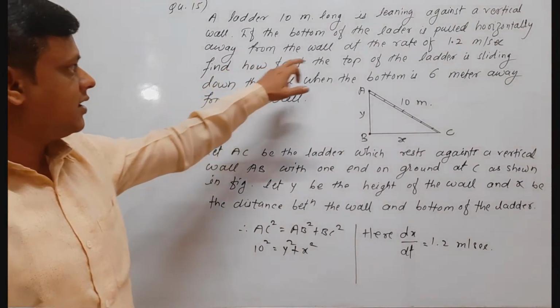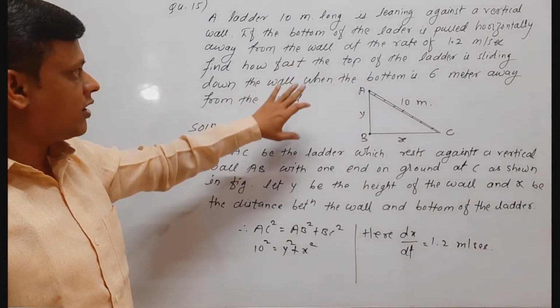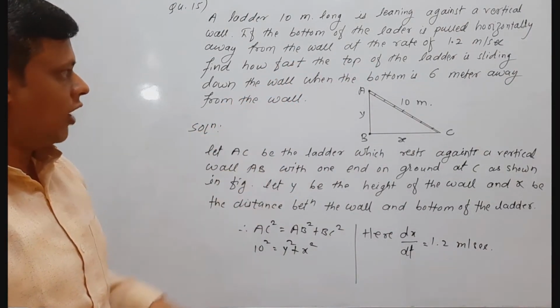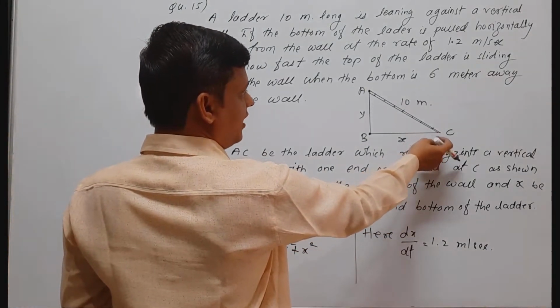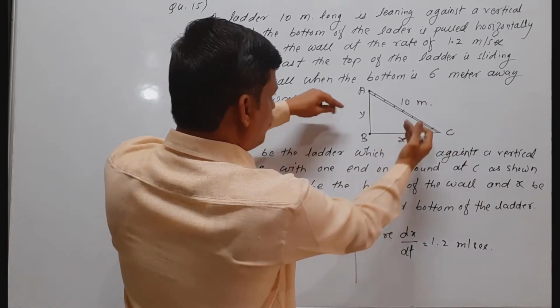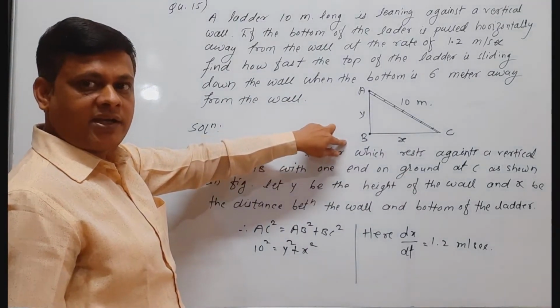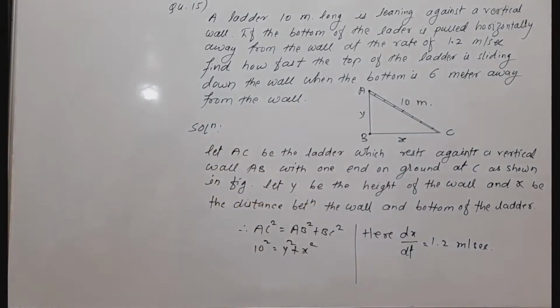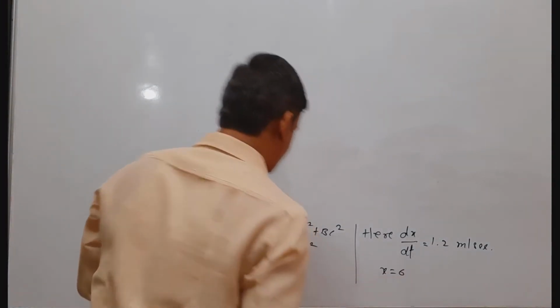Find how fast the top of the ladder is sliding down the wall when the bottom is 6 meter away from the wall. That means when the bottom of the ladder is 6 meter away from the wall, we have to find the change in y, that is dy by dt. So we write in the given part also x is equal to 6.